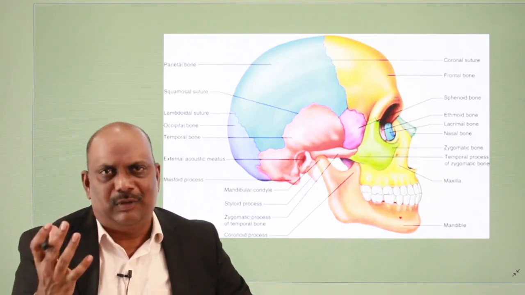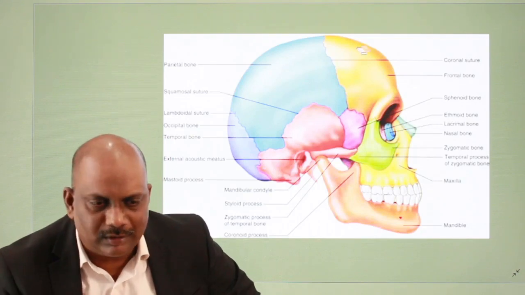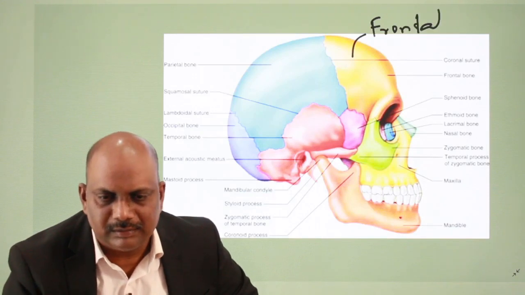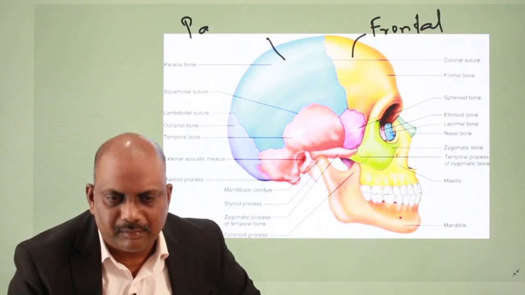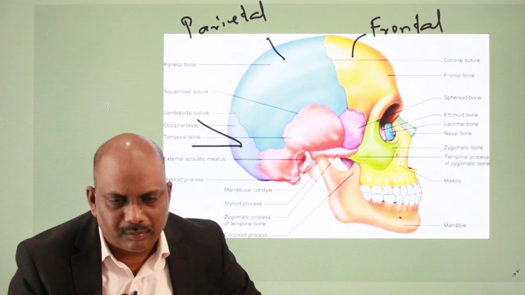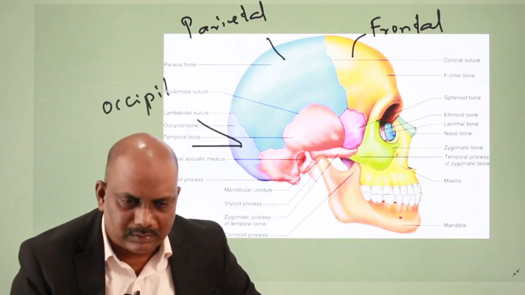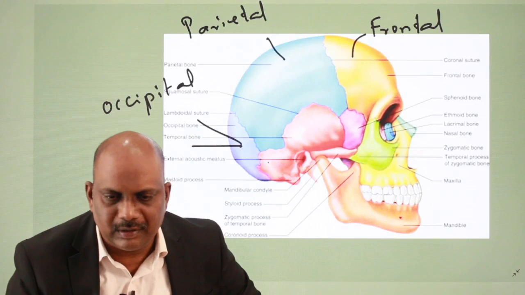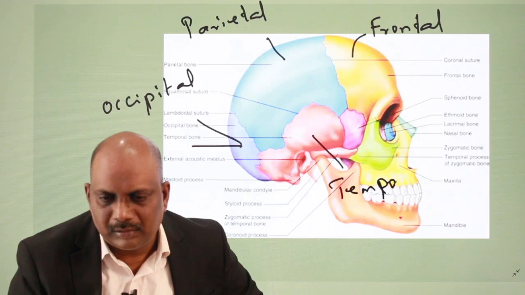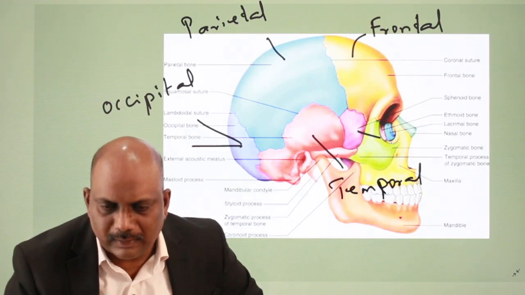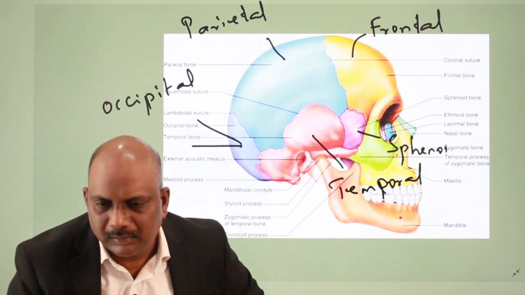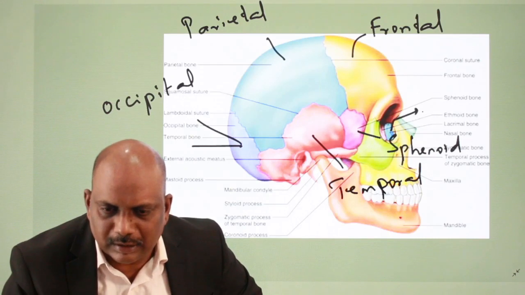So there are a number of bones, as I told you. Most importantly, the frontal one, parietal, occipital, this one is temporal, this bone is sphenoid, and this blue color one is the ethmoid.